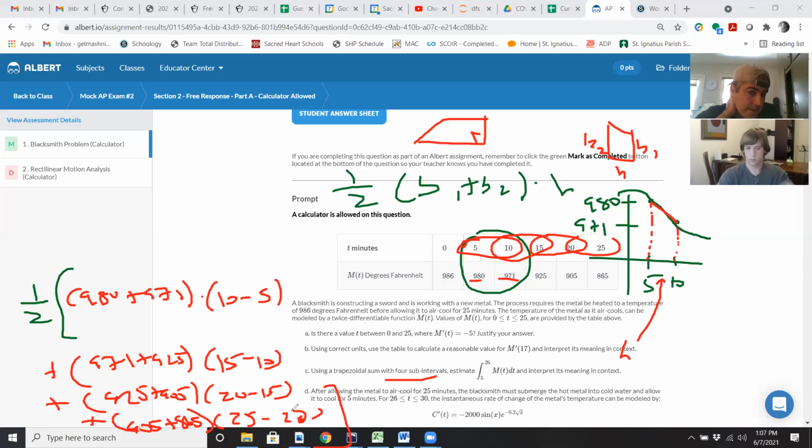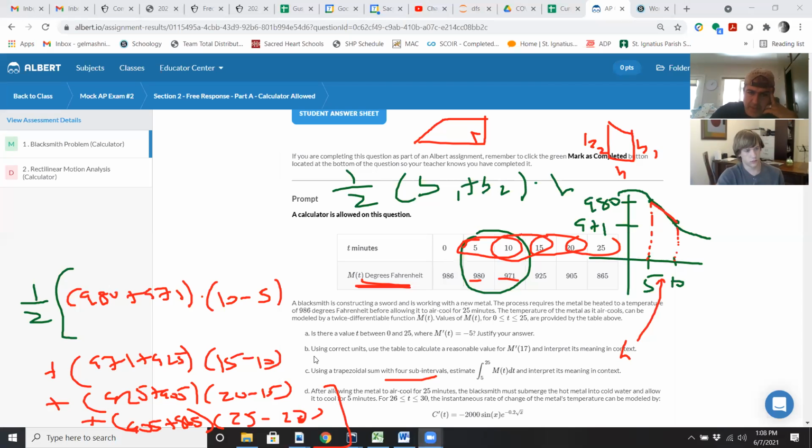Because you're doing area, you have all the y values times all the x values. It's interesting because you're not integrating a rate. So it's just going to be degrees Fahrenheit times minutes. It's kind of weird. I'm not sure why they would do that. Usually it could be a rate here.